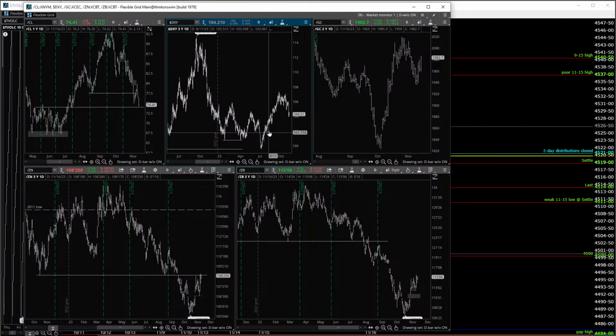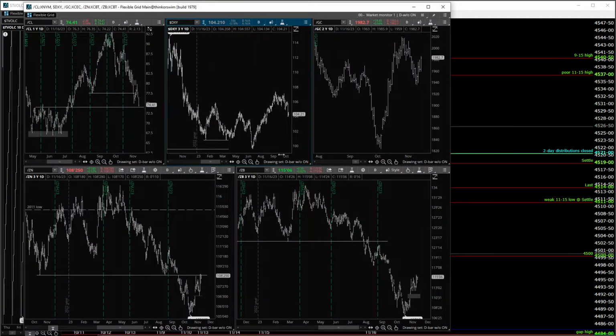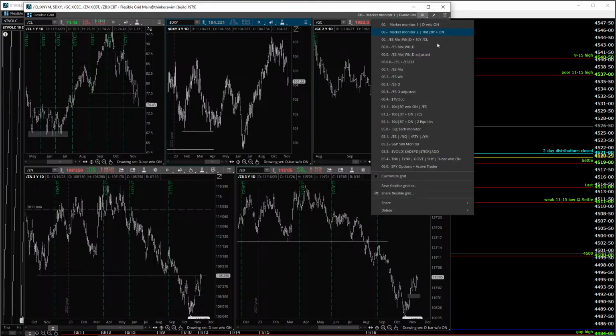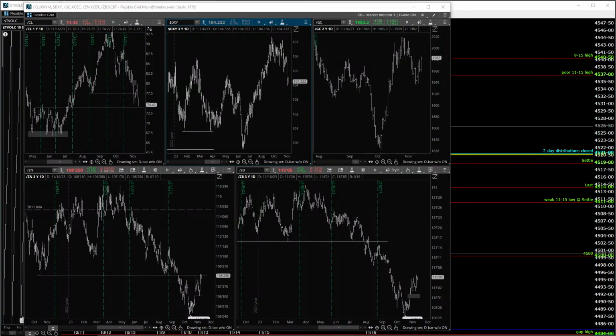A cheap dollar is also good for big stocks. I didn't see this. Oh boy, this is a big break in crude oil. I suspect we will see some talk now about crude.